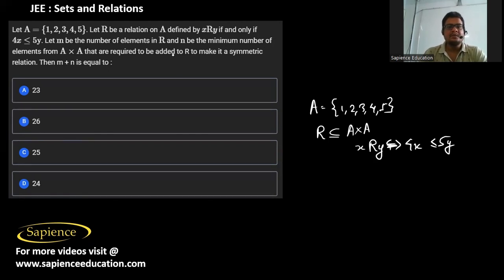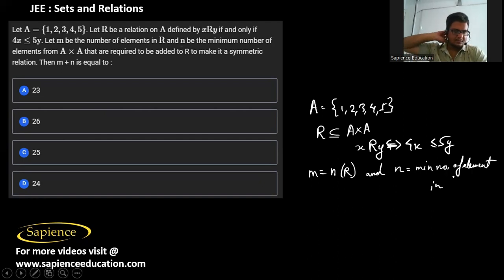Let m be the number of elements in R and n be the minimum number of elements from the set A cross A.